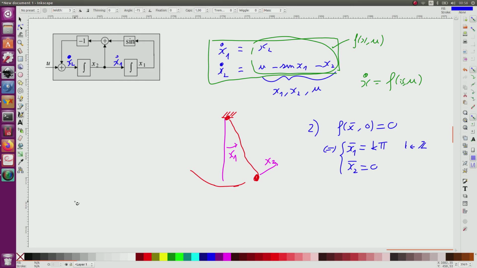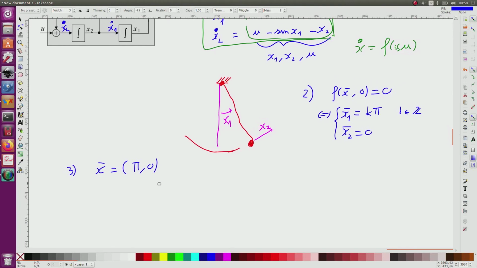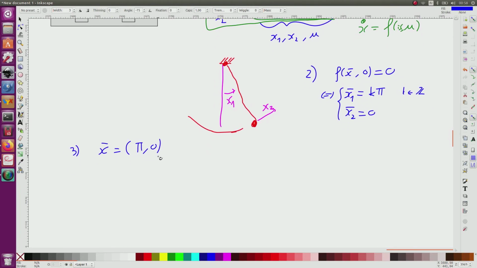Now for question number 3, I consider one of the equilibrium points corresponding to k equal to 1. So the equilibrium point I choose is x bar equal to pi and 0. And I have to linearize the system around the equilibrium point.